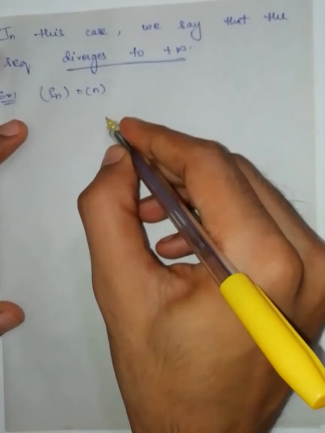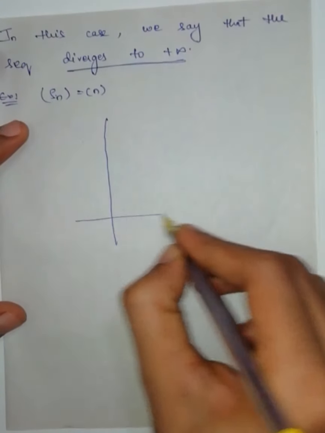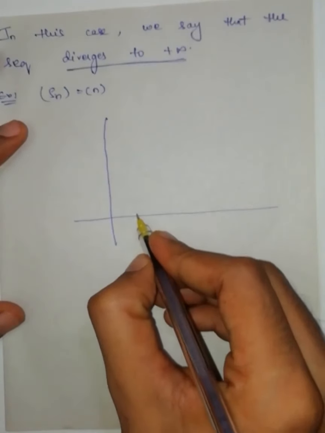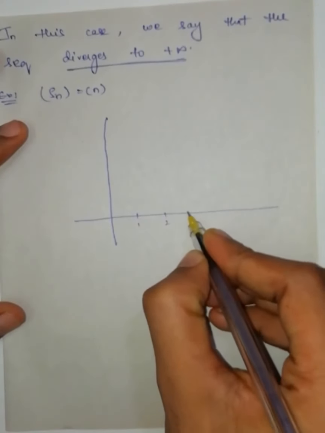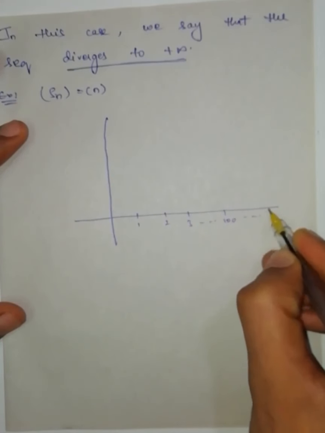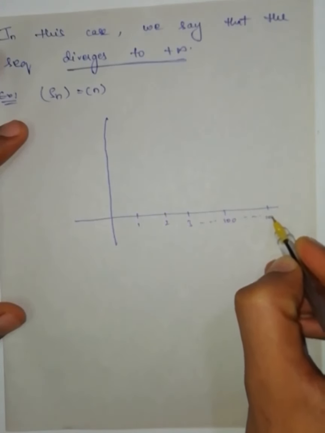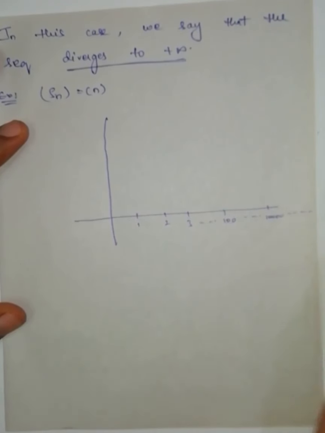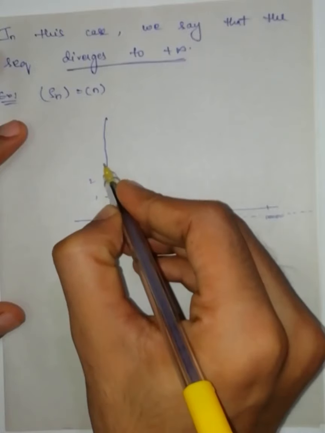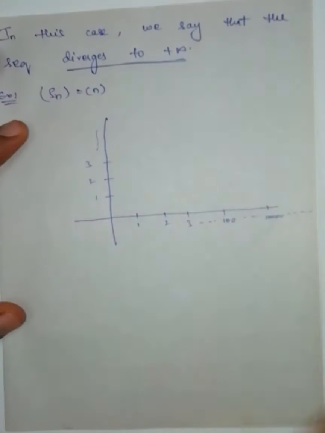Now I am going to plot a graph. First, the domain is the set of natural numbers 1, 2, 3, and so on. Somewhere here we will get 100, somewhere here we will get 1 lakh, and so on.